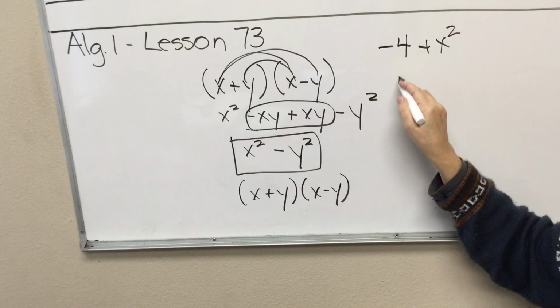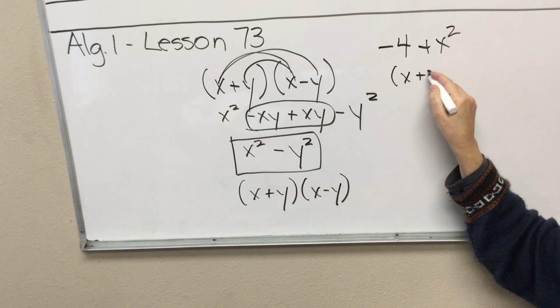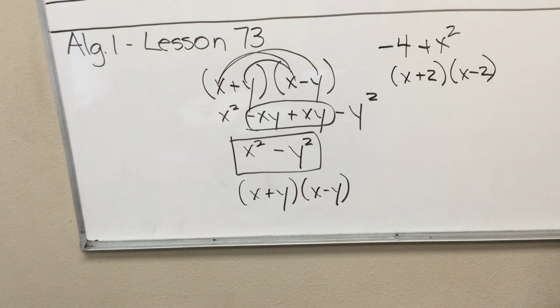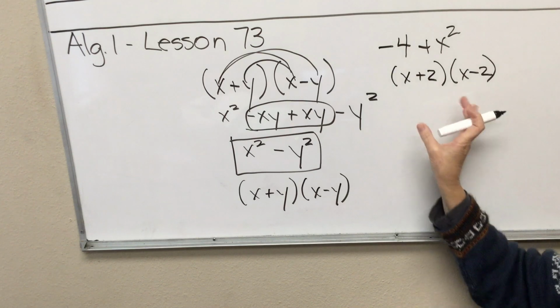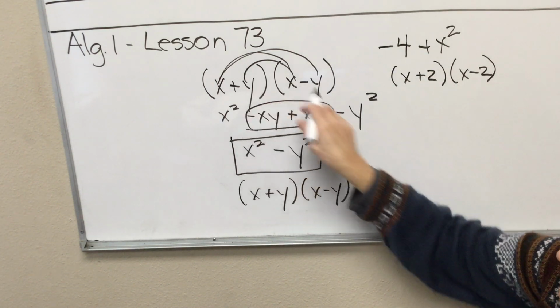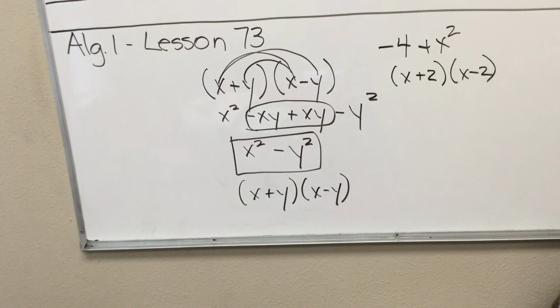So we're going to put x plus 2, x minus 2. And that's all there is to it on factoring perfect squares. You just won't have that middle number like you did when we did factoring trinomials. And I hope that makes sense for that part of the lesson.